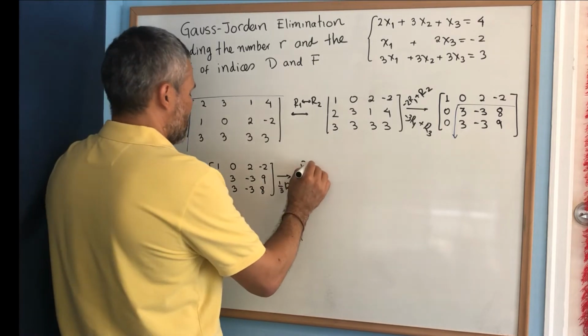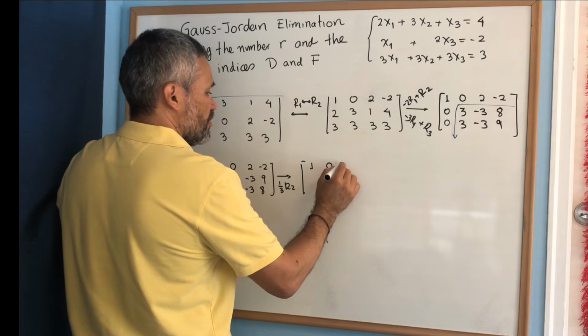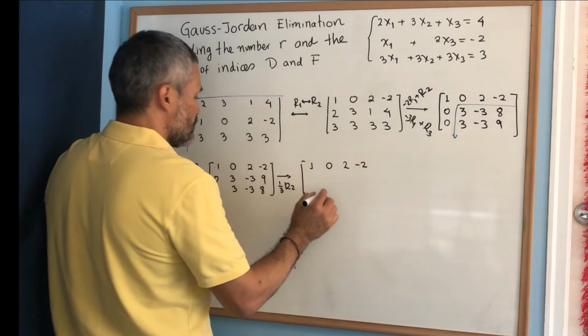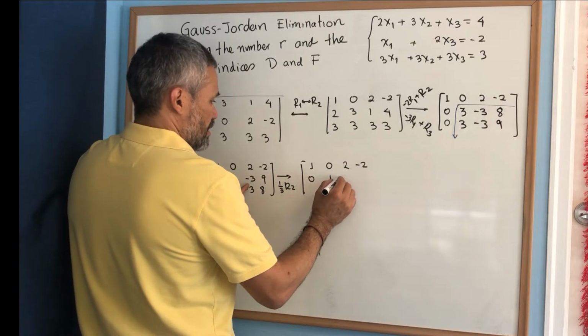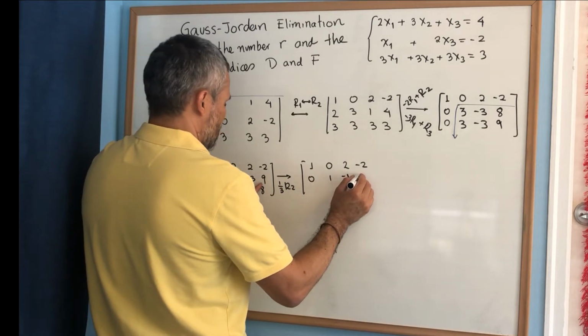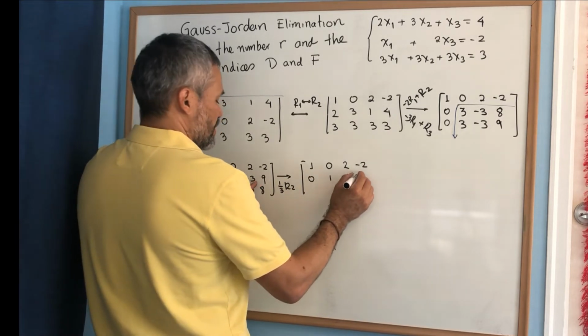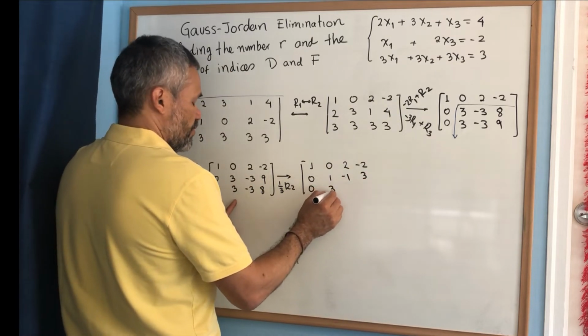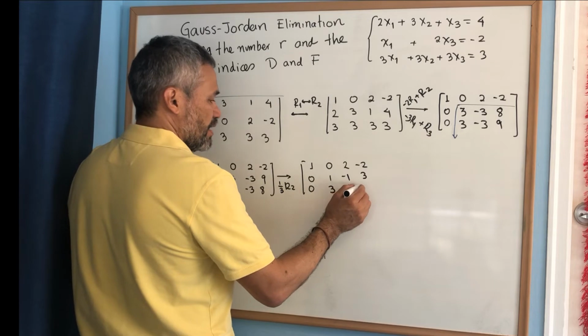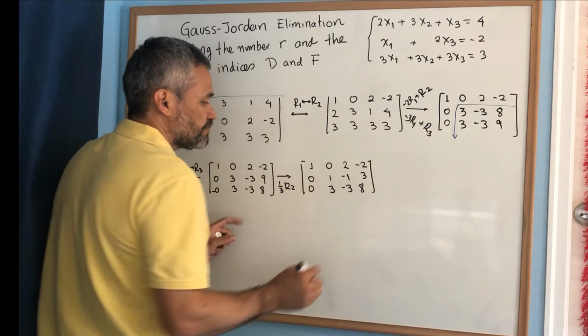Then I will get 1, 0, 2, negative 2, 0, 1, negative 1. I'm multiplying by 1/3, yes, 3. And here I get 0, 3, negative 3, and 8.